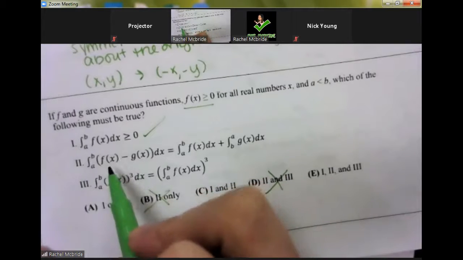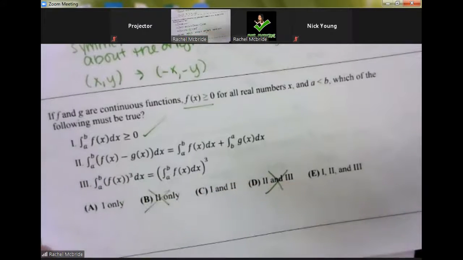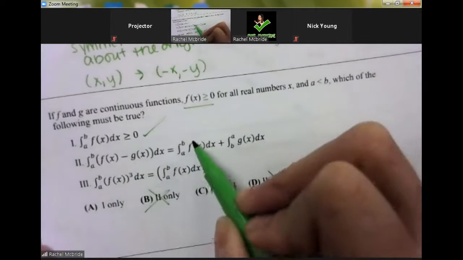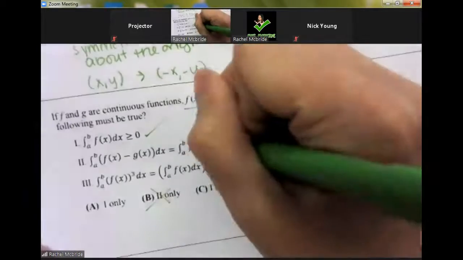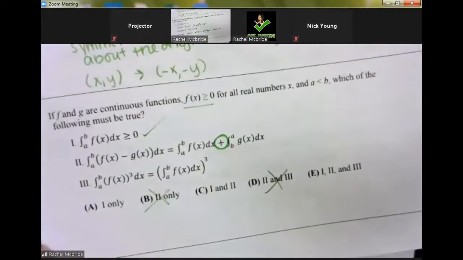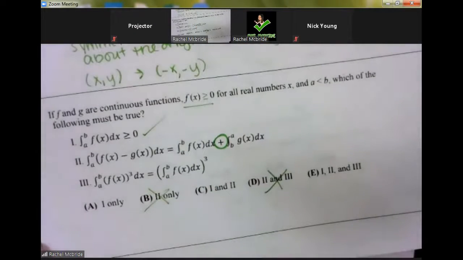The integral from a to b of f of x minus g of x is equal to the integral from a to b of f of x plus g of x. Would the signs in there change? No. Yes, maybe.